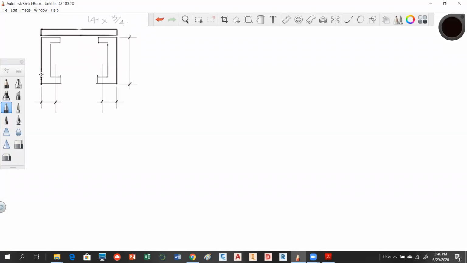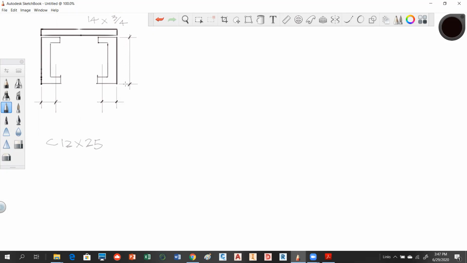And we have a channel here and a channel here. Those channels are both C 12 by 25s. So we're going to have to use the Appendix A for that again. Our origin is indicated to be over here. And what I've got here are some of the key numbers that we're going to need.